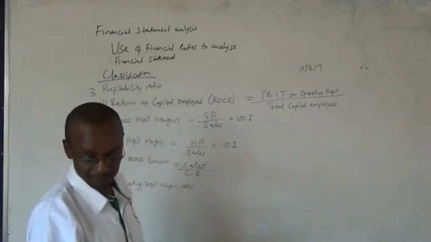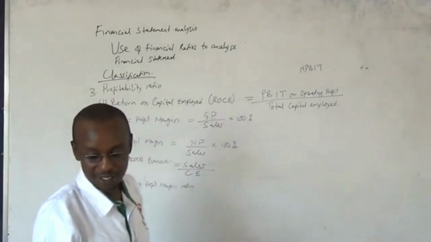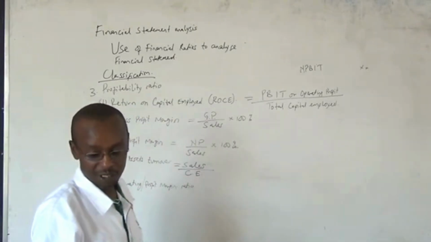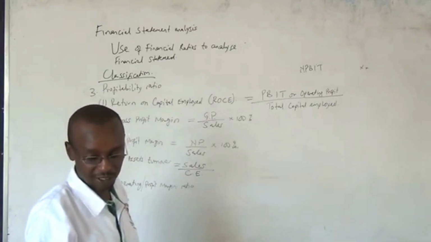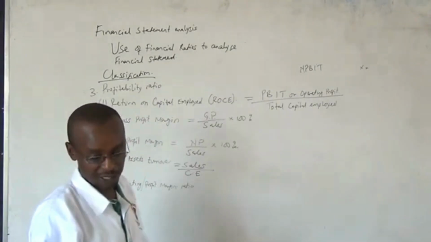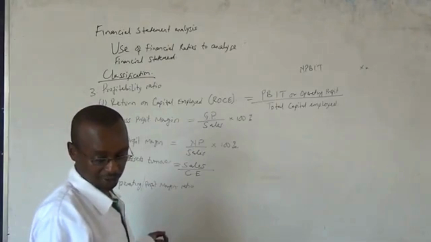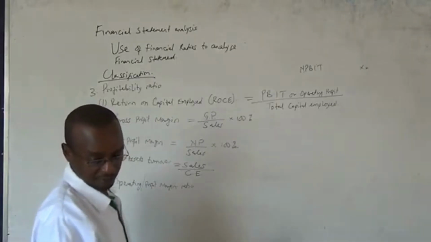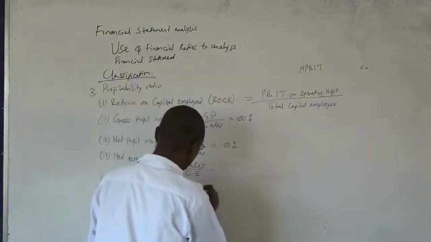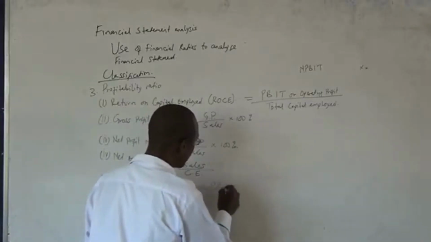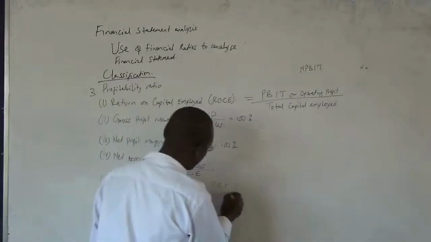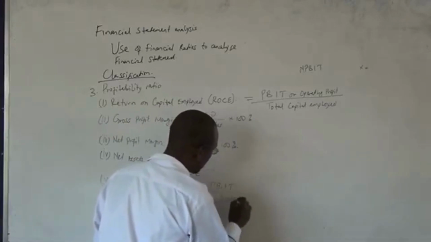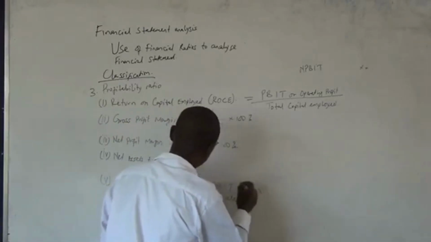So this one indicates the efficiency with which the costs have been controlled in generating profits from sales. So operating profit ratio is profit before interest and tax over sales times 100.